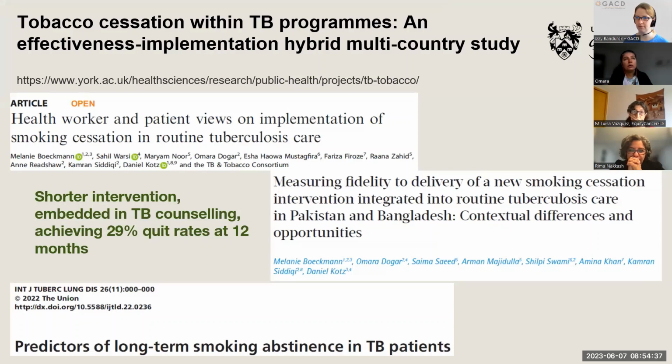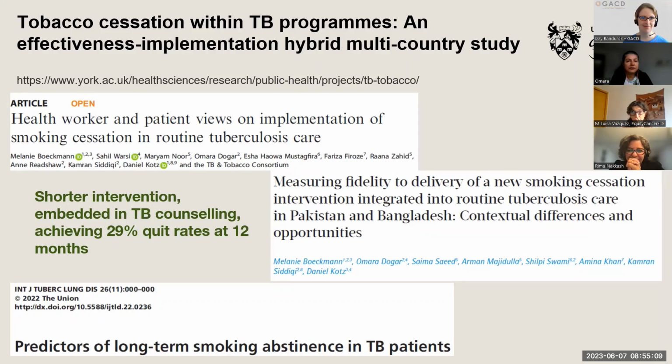And we took all of the lessons that were learned from the past 5-6 years and did a lot more quantitative and qualitative work to understand the context, this time the contextual barriers in the routine healthcare for delivering a smoking cessation intervention. And I've just put up some of these papers, and I know Mariam is in the group too. She did a lot of work in this study in exploring all of this.